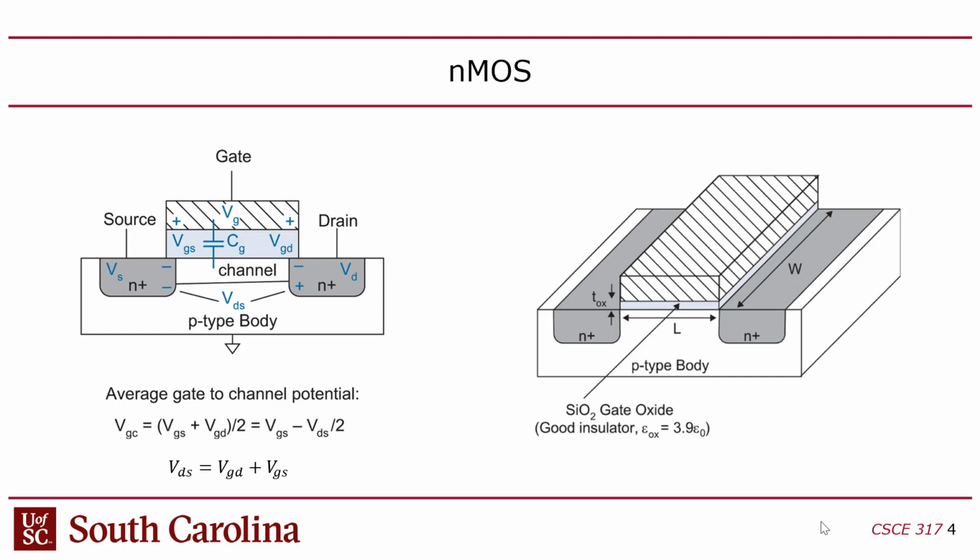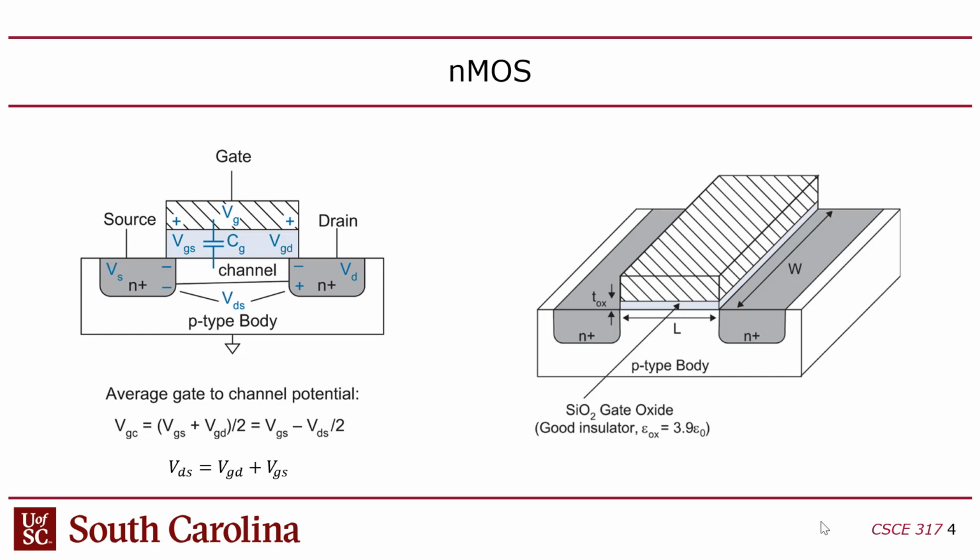So it's (VGS + VGD) / 2, because this voltage will change depending on where you are in the gate, right? Because again, there's current flowing here, so your voltage here is different than your voltage here. It's kind of a gradient. As you move down the channel, the relative voltage between the gate and the channel is changing as current flows.